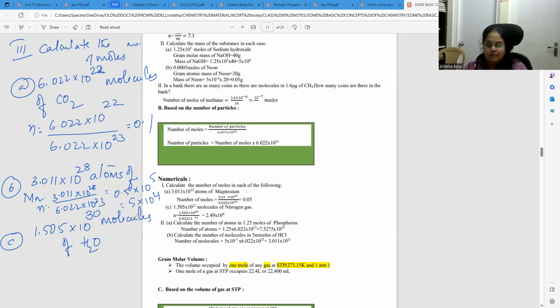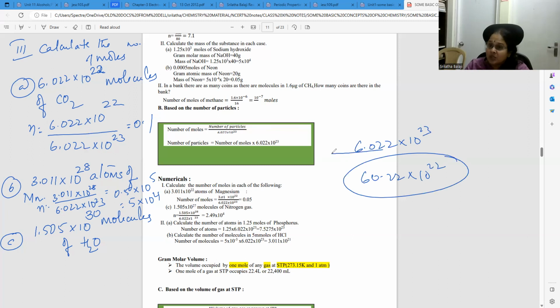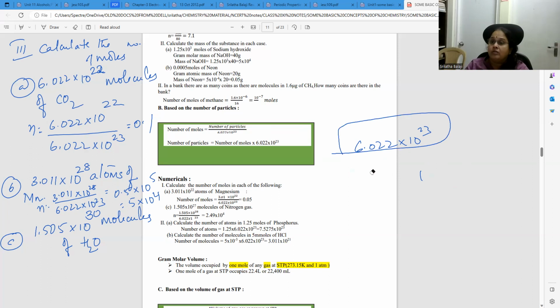But here, don't leave it as 0.5. Make it 5 into 10 power 4. That's the reason even your Avogadro number is given as 6.022 into 10 power 23. Can you see? They didn't give it as 60.22 into 10 power 22. We are writing it as 6.022 because that is the scientific notation. Is that clear?